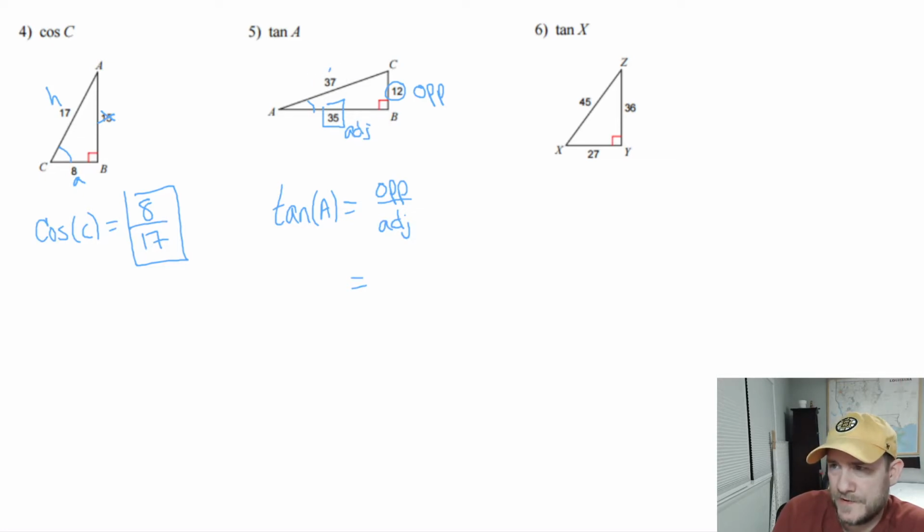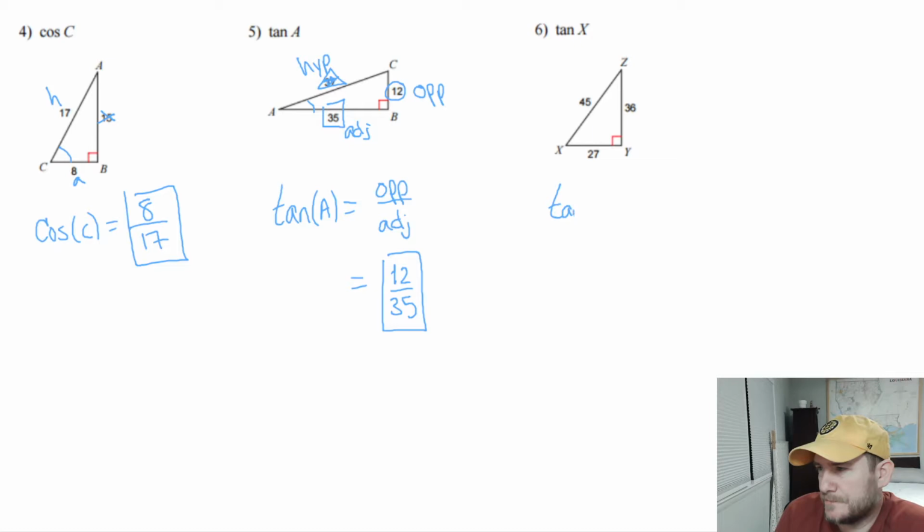And the guy we don't want to use at all is this guy. That's the hypotenuse. For tangent, just ignore the hypotenuse. So we're going to do 12 over 35. And that's it, right? 12 is divisible by 2 and 6 and 3 and 4. But 35 is only divisible by 5 and 7. So that's it.